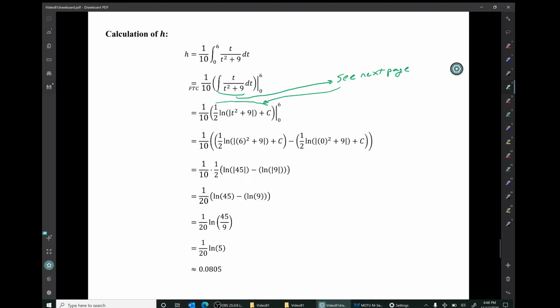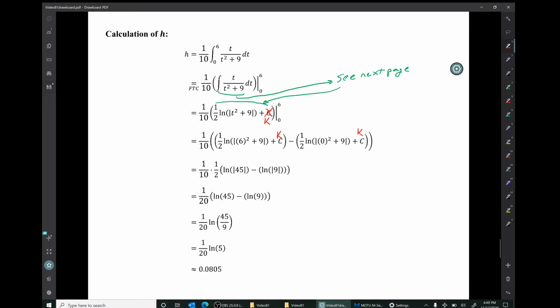And we'll see on the next page that that indefinite integral ends up giving us this general antiderivative, this function form that involves natural logarithm. 1/2 ln of absolute value of the quantity t squared plus 9 plus capital C. Now that's a bad choice for a constant of integration. Maybe I should have used the letter k, because we've already used the letter capital C in this problem. It's the function that's the concentration.